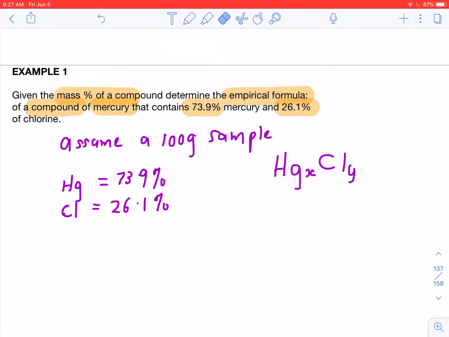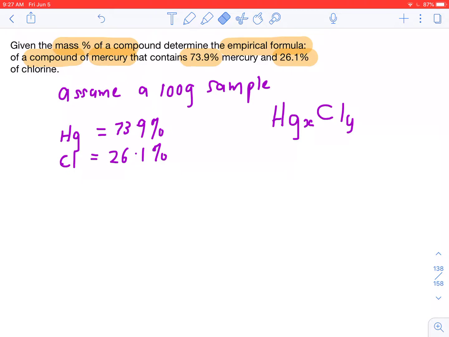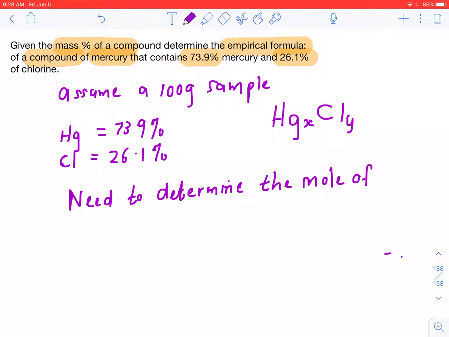Now we need to determine the mole of each element.